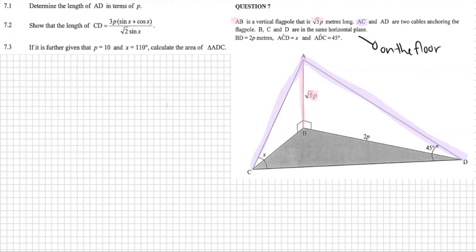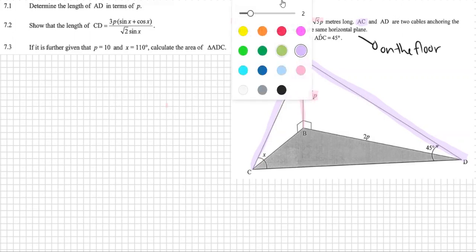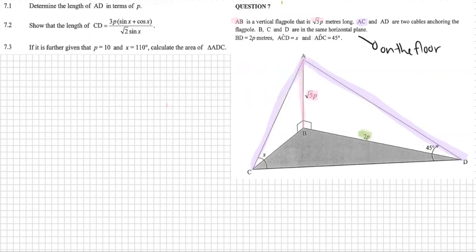BD is 2p in length, so that's written on there, and angle ACD is x is given. Oh, okay, it's in the front triangle.